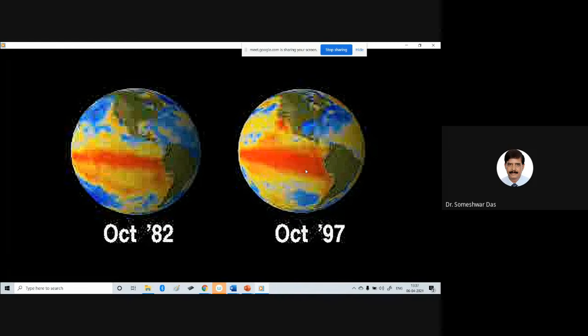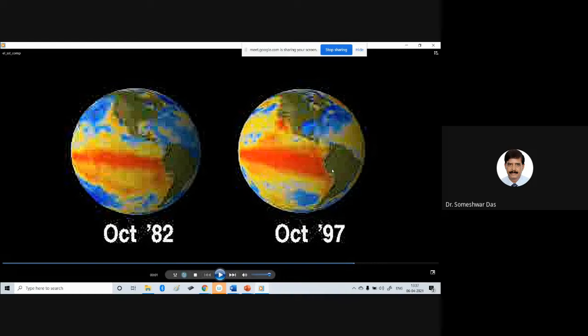So this is basically a proof that the models are doing quite well. Models are able to simulate the evolution of the sea surface temperature properly and produce the maximum sea surface temperature off the coast of South America close to Peru.